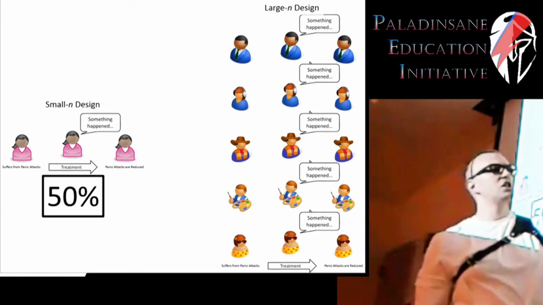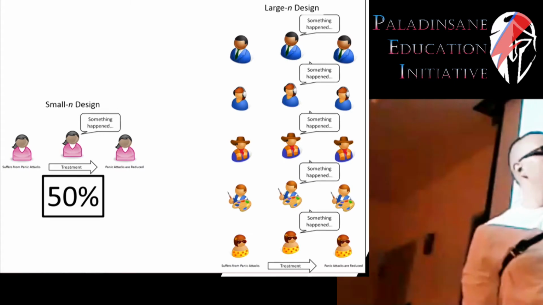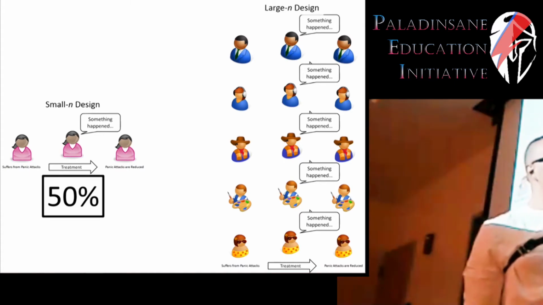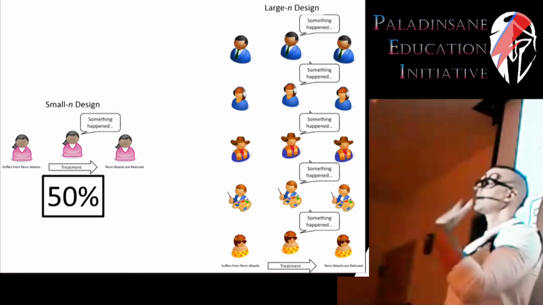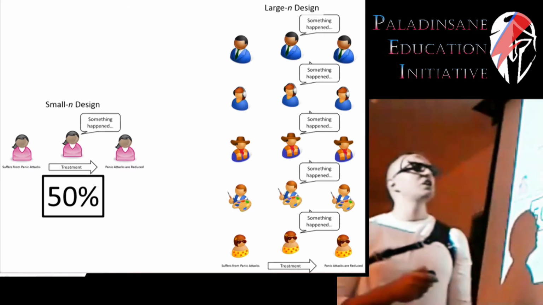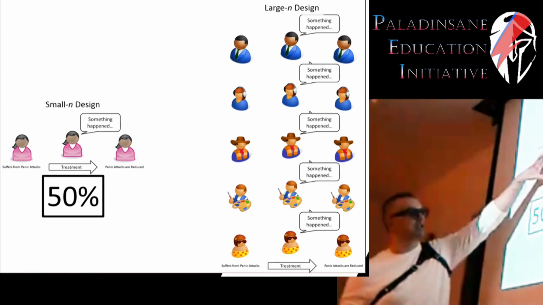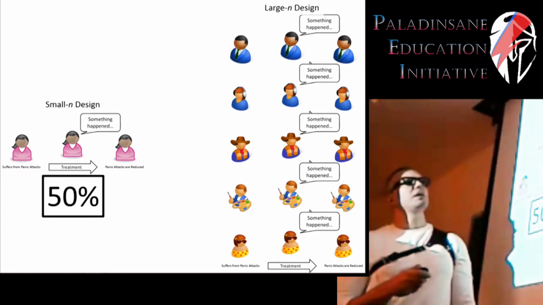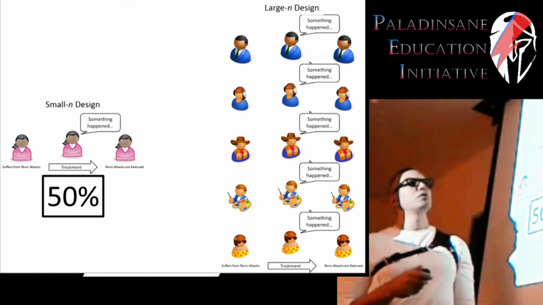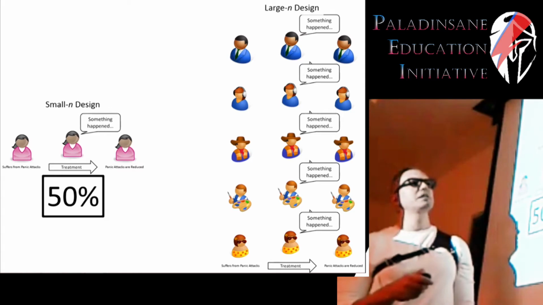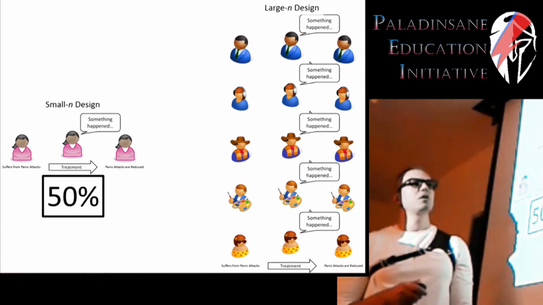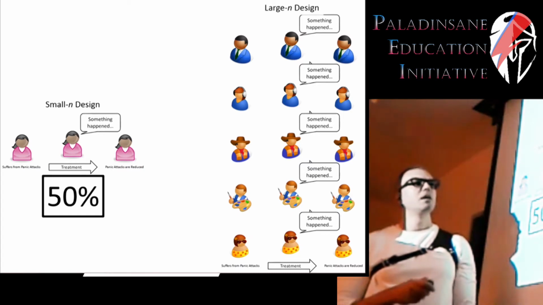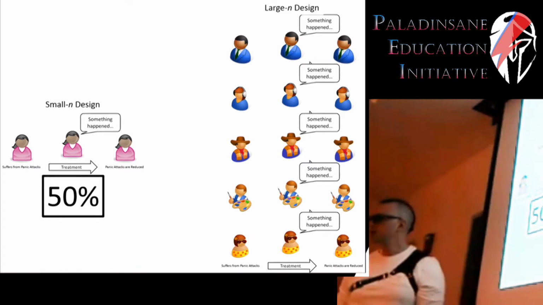Now, in each case, you have a 50% chance, just like you did here, that something else coincided with the beginning of treatment and caused this person's panic attacks to go down.